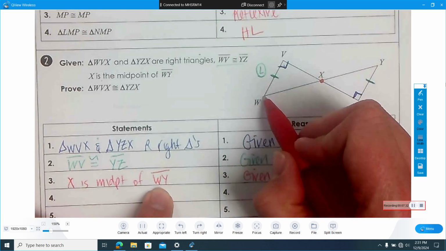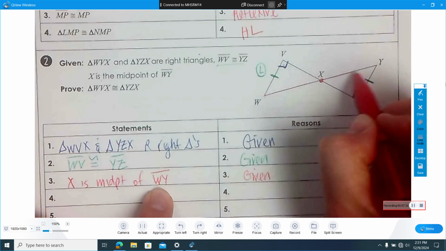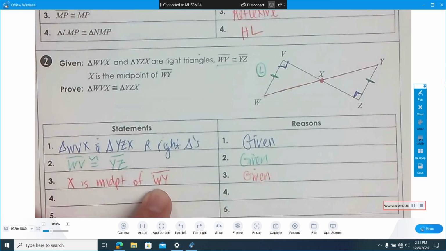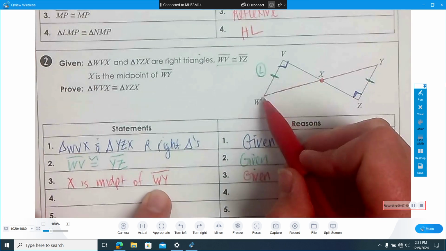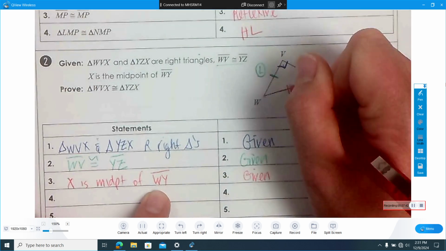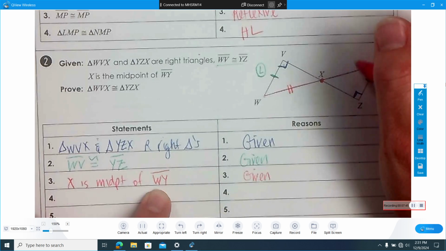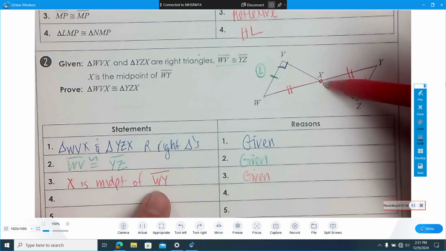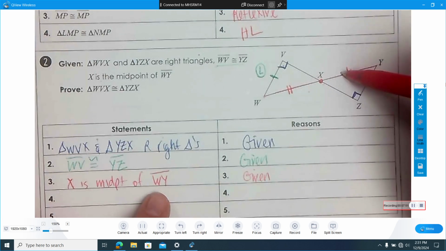That's WY. So that's this segment there. What happens when I have a midpoint? WX is equal to XY. Very good. When we have a midpoint, we get two congruent segments.